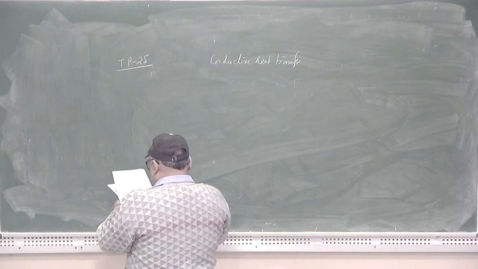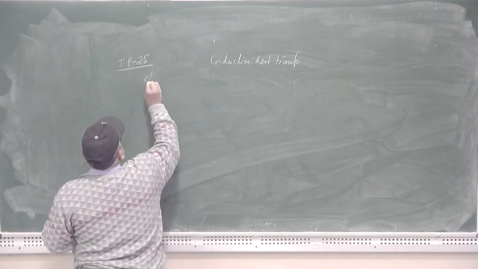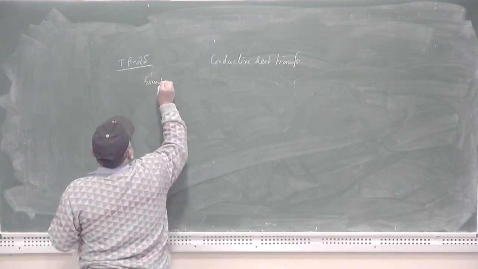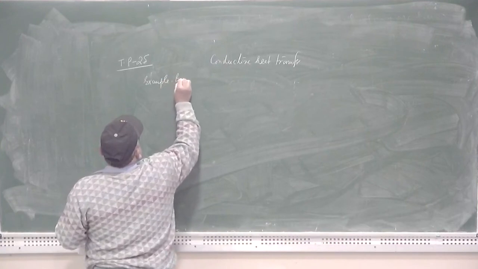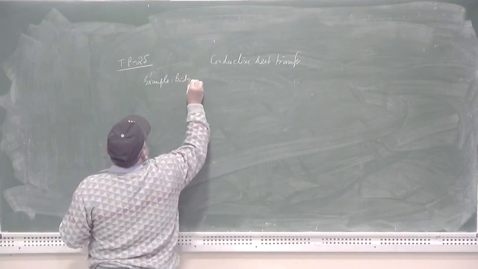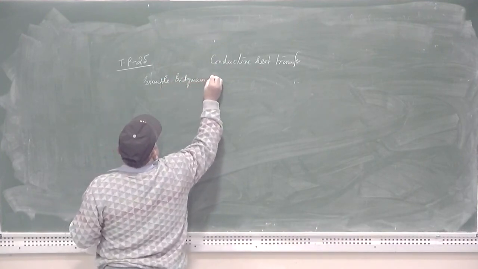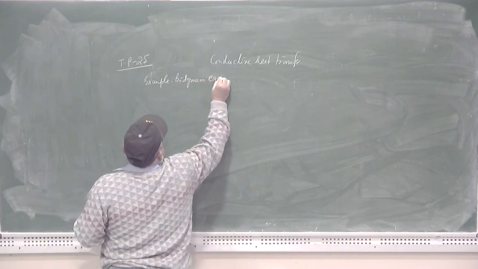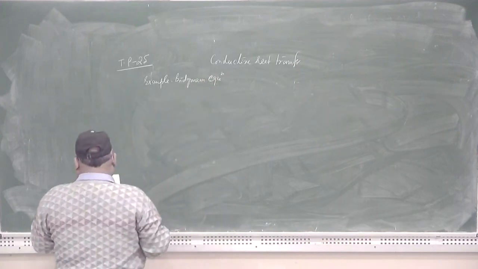So the numerical problem is an example for the Bridgman equation.